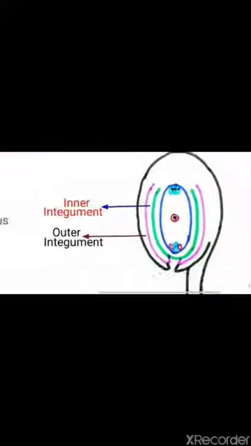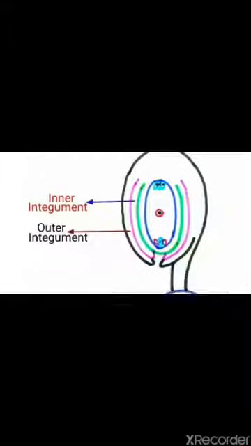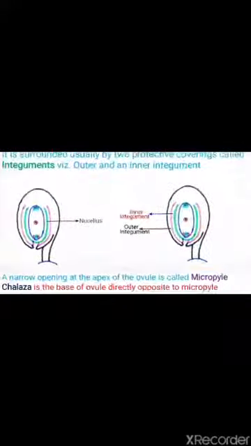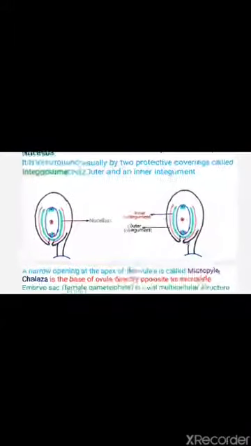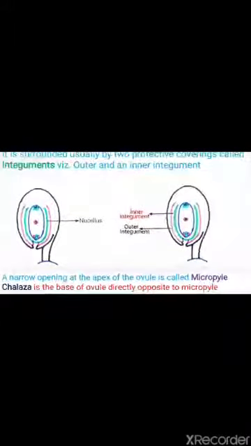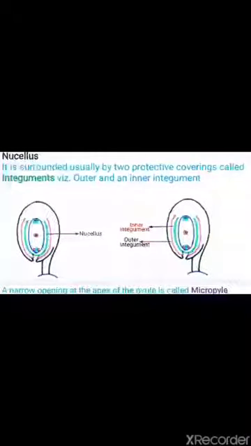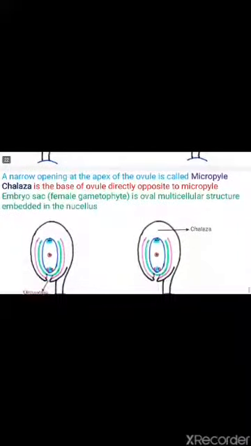It will get clear in this diagram. So the inner integument is there and the outer integument. These two integuments surround the nucellus. Integument is of two types, outer and inner integument.